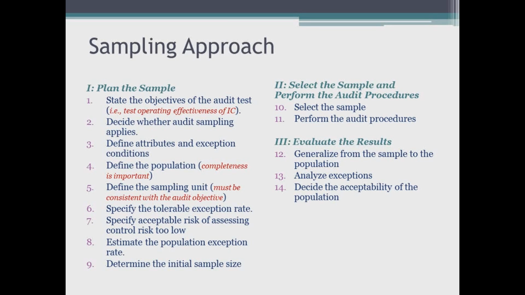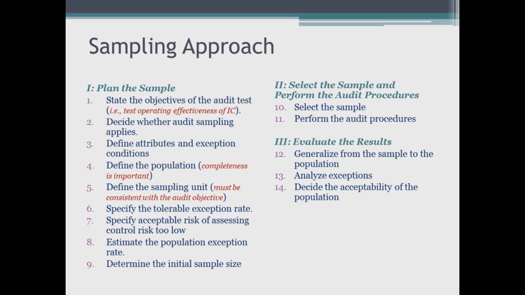So once you've decided whether or not it lends itself to audit sampling, you've defined what the attributes are and the exceptions, that is, what would be considered an exception if those attributes are not met, right? Again, your attributes are linked to your audit procedures.